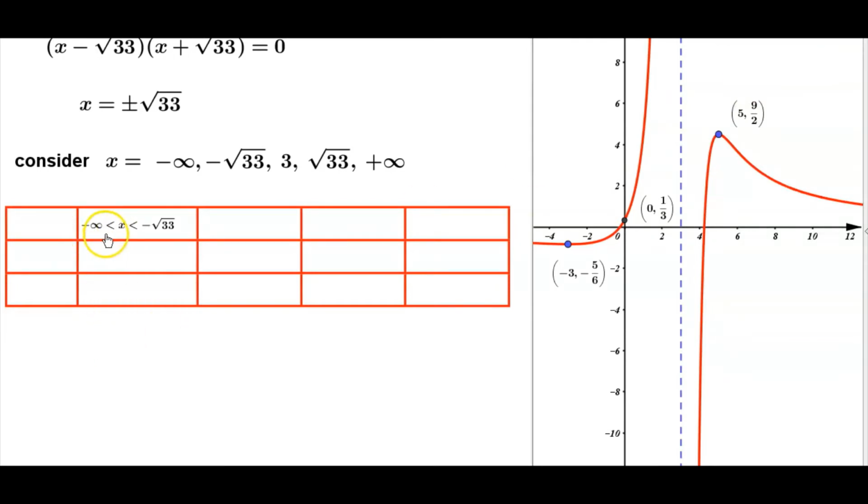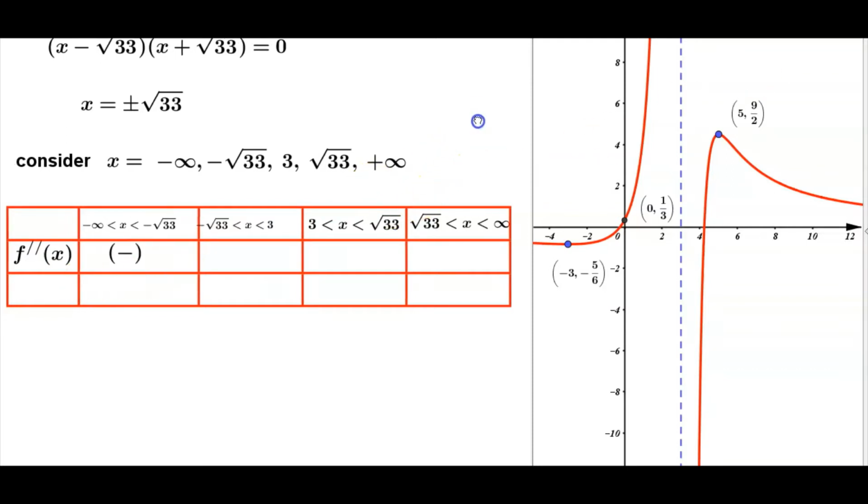This one minus infinity to minus root 33, x lies. Here x lies between minus root 33 to 3. x lies between 3 and root 33. Here x lies between root 33 and infinity. We are going to investigate the sign of f double dash x.